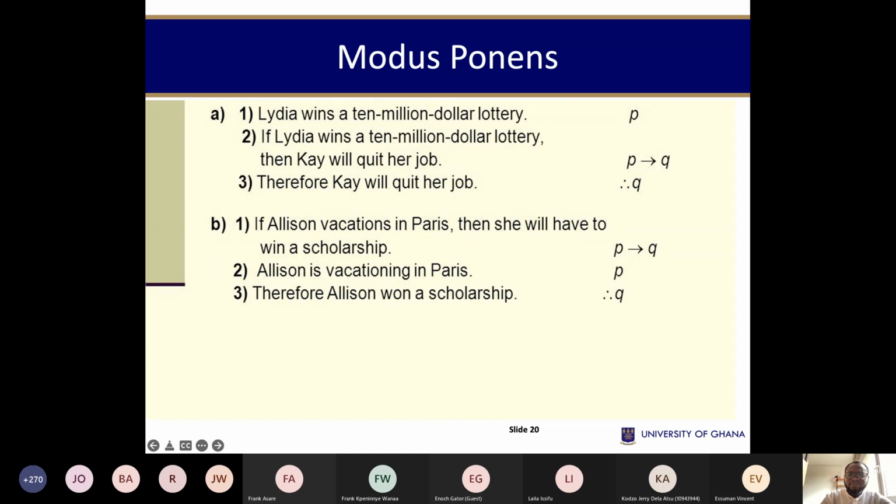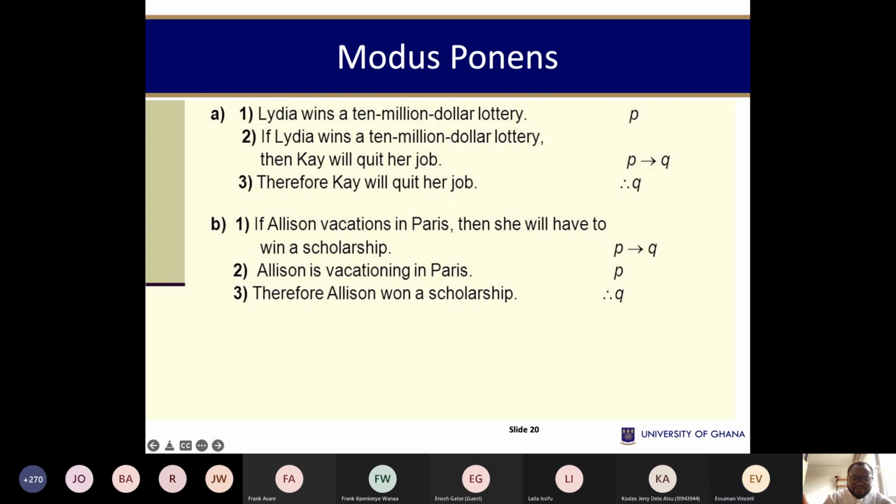So if you see any arguments of this form, P conditional Q, it means that the argument is a conditional statement.